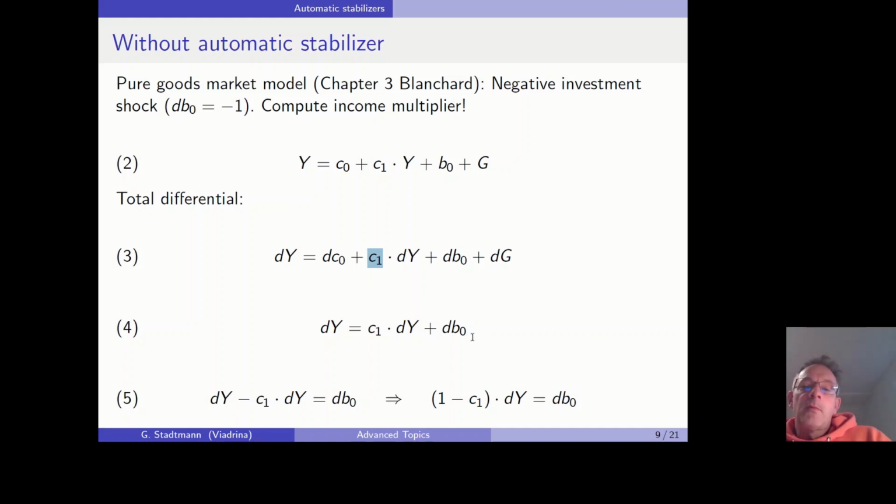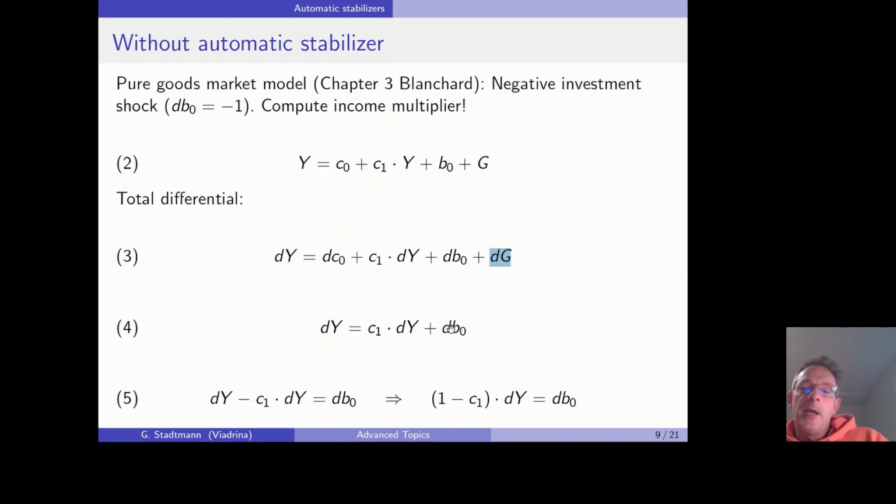In the next step, we have to think about what changes. It is the case that the autonomous component of investment changes by 1 unit. The autonomous component of consumption is constant, and therefore the change in this variable is equal to 0, and this term drops out. Also, government spending is constant, and therefore the change in government spending is equal to 0.